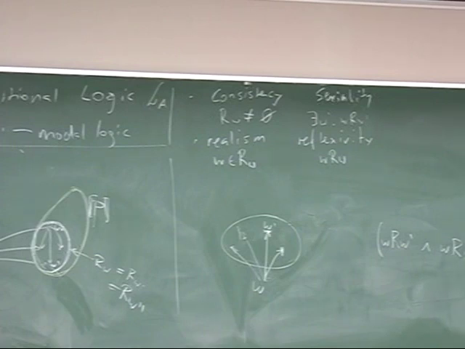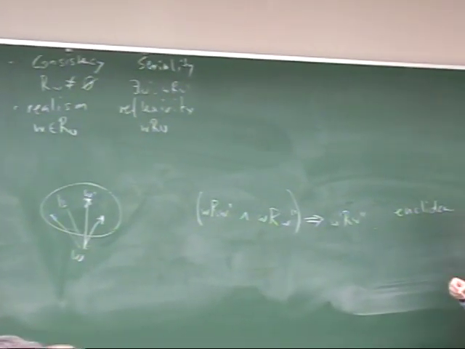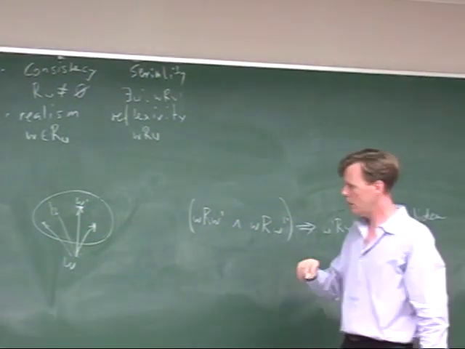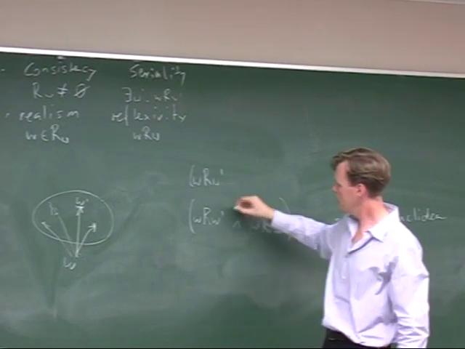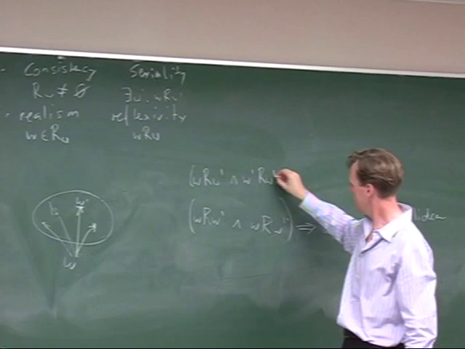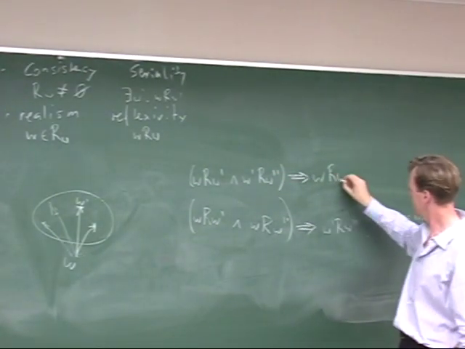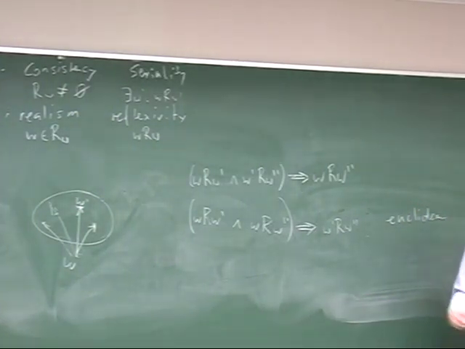This is the definition for Euclidean relations. Transitivity we can also put up again, maybe it may be helpful: if wRw' and w'Rw'', then wRw'', right? Transitivity.